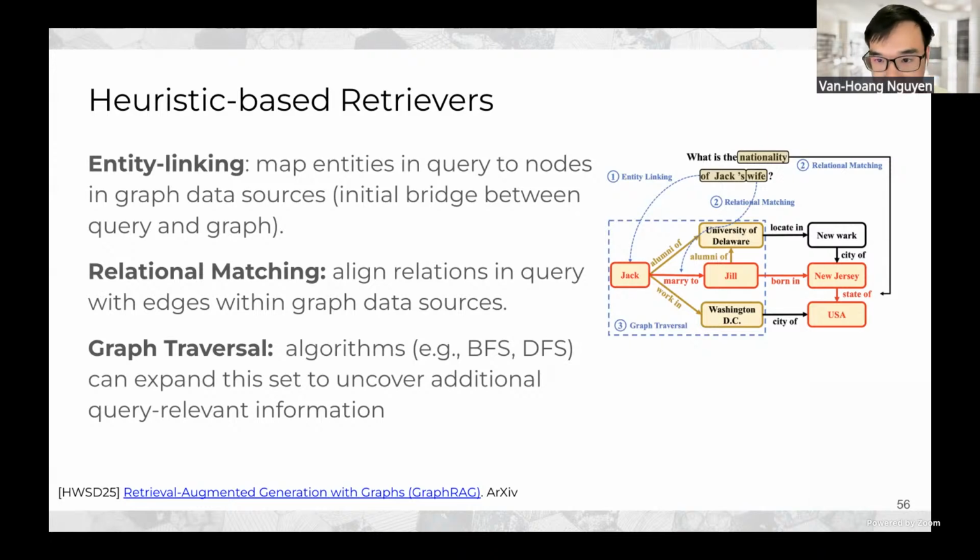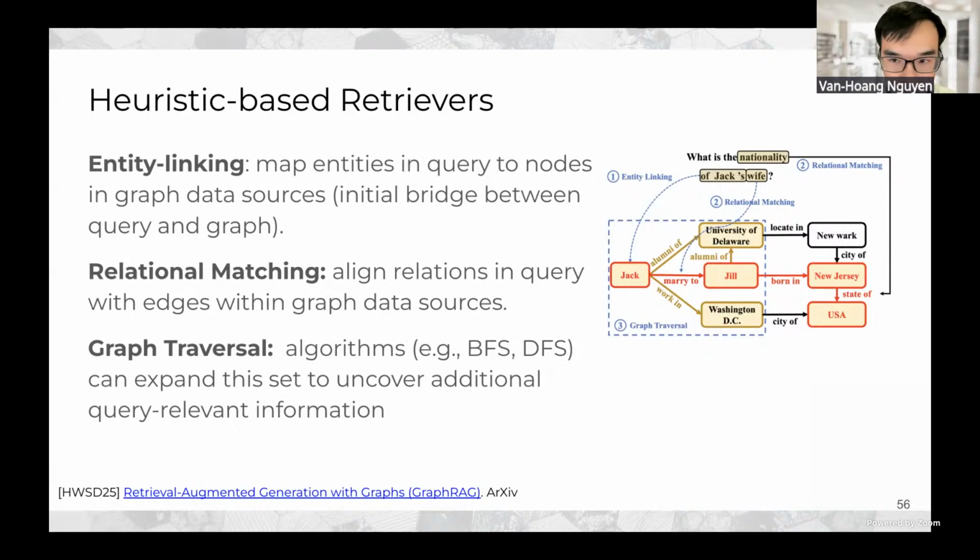So maybe I can give an example here. For example, if the query is what is the nationality of Jack's wife? First we do entity linking to identify the main entity here, which is Jack. And then we link the entity with an entity node in the graph, in this case this node Jack here. Then we extract the relations in the query. In this case, there are two main relations, nationality and wife, right?